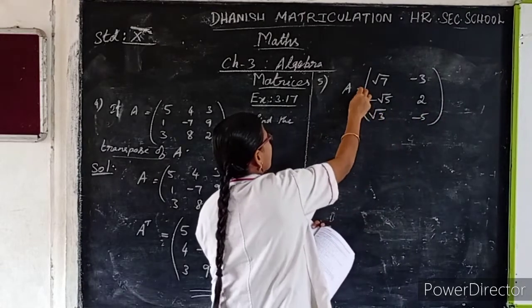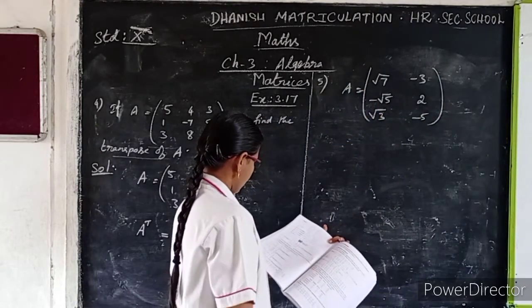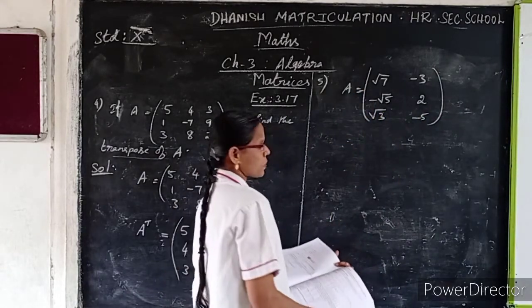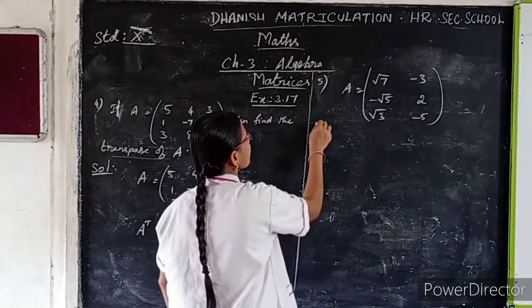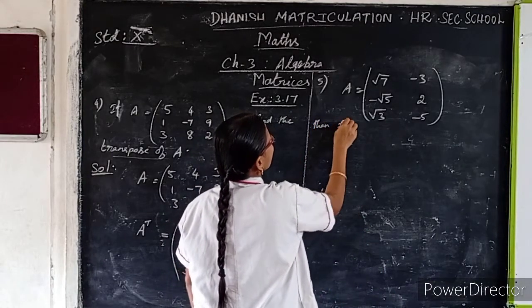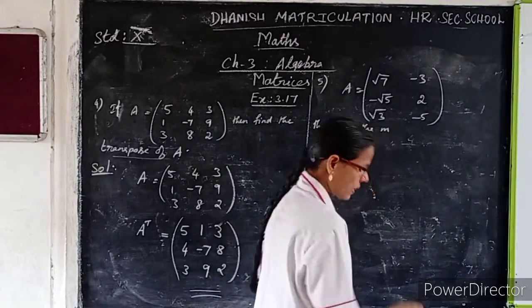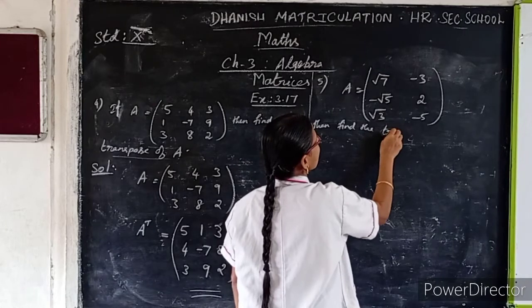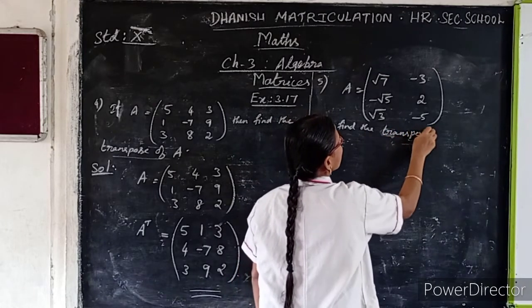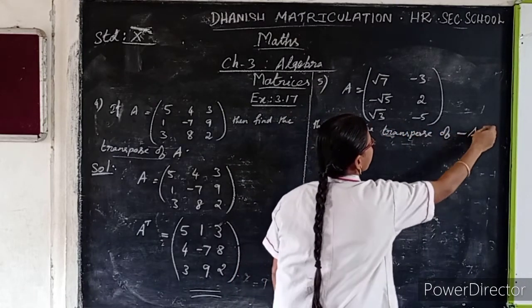This is the given matrix. Then find the transpose of minus A.